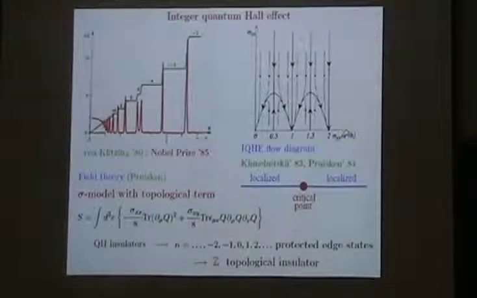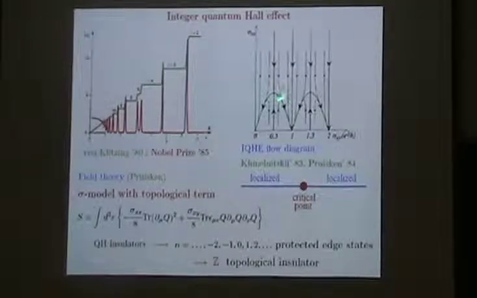So this corresponds to different topological states of this quantum Hall effect. It's the first example of a topological insulator, and these are topologically distinct states.